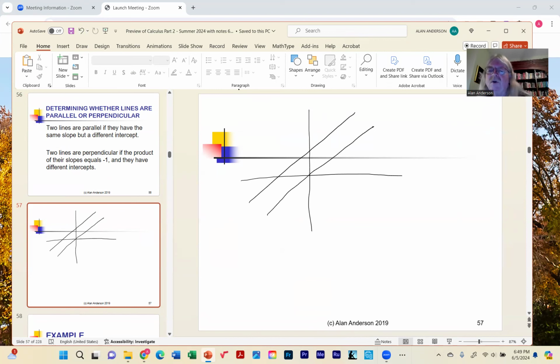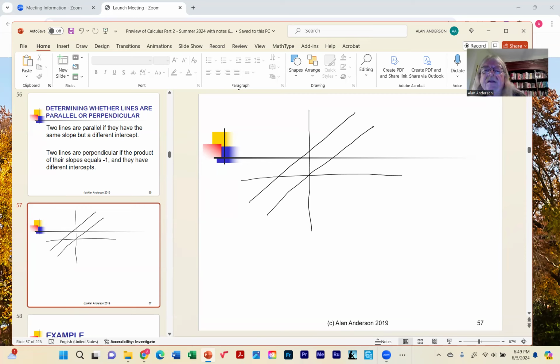To the extent that they're drawn properly, these are parallel lines because they have the same slope. And the significance of this is that they will never cross. This is the only time that lines will never cross. Normally, they will eventually cross, but when they're parallel, meaning they have the same slope, they won't.